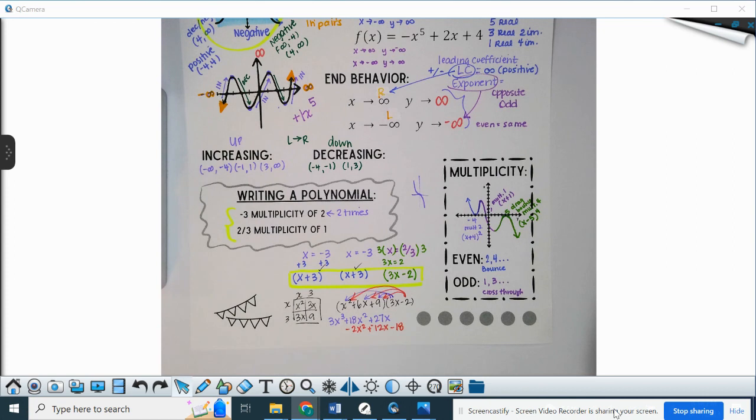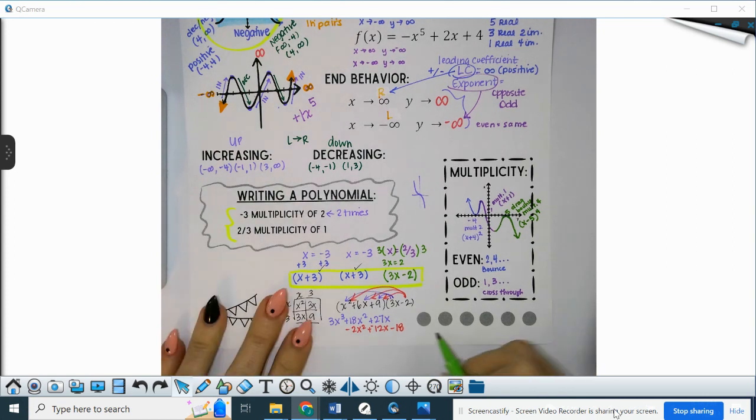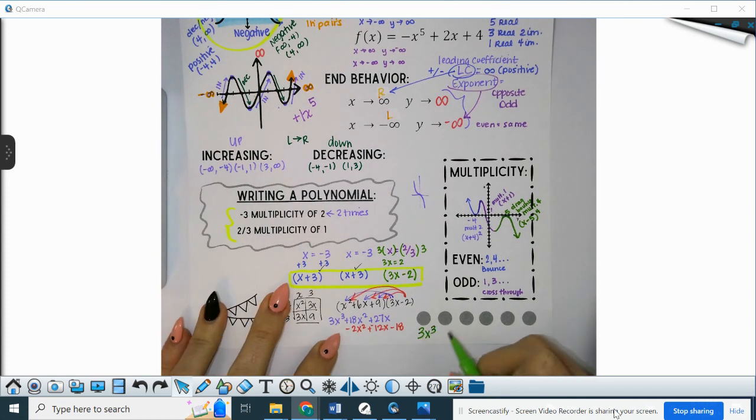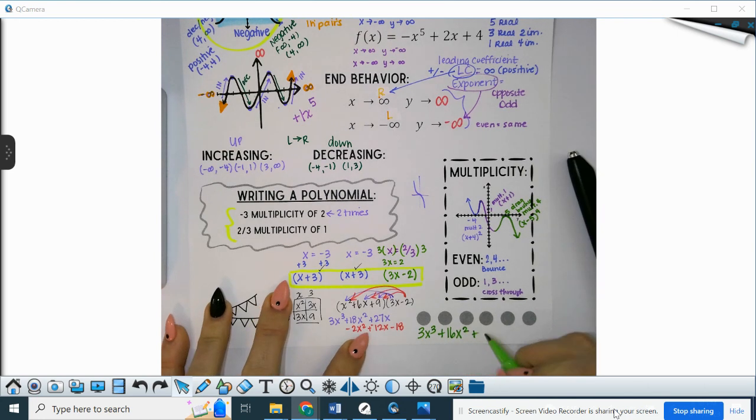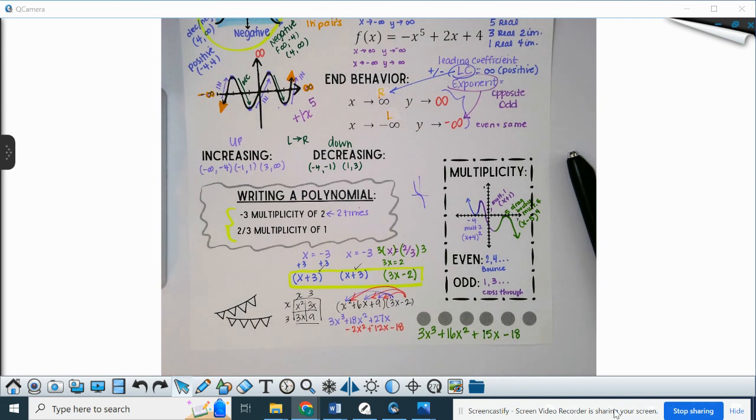Clean up and combine like terms, and you should end up with 3x cubed plus 16x squared plus, because 27 minus 12 is going to give me 15x minus 18. So great job. So that is your polynomial with those multiplicities as your roots.